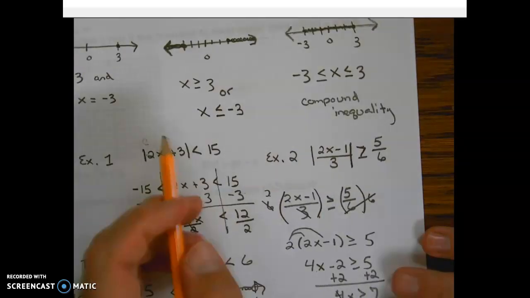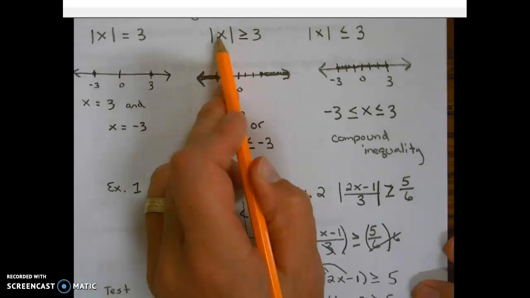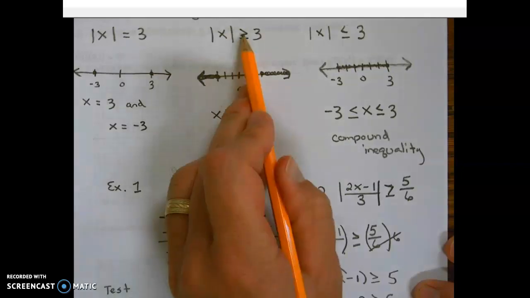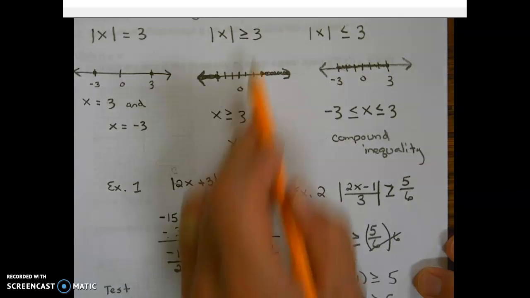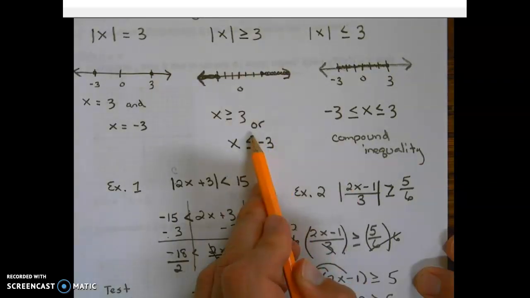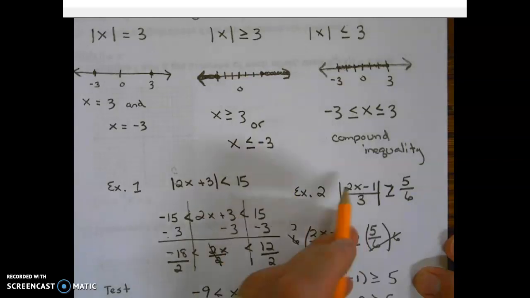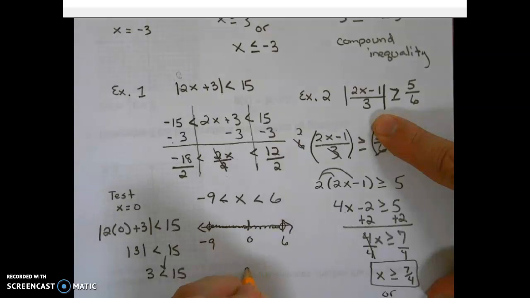So the second one, recall, is where we take the expression inside the absolute value, and we switch the greater than to less than, and we change the sign. And that's when we change the sign, that's why that flips, remember. Okay, so let's go ahead and set this up. So we're going to have 2x minus 1 over 3.